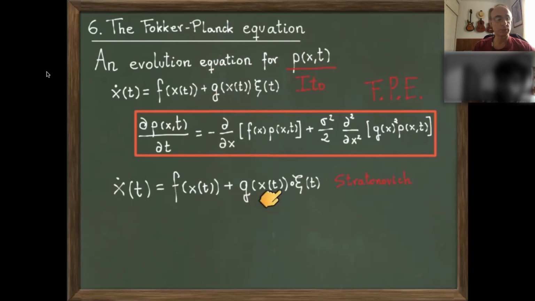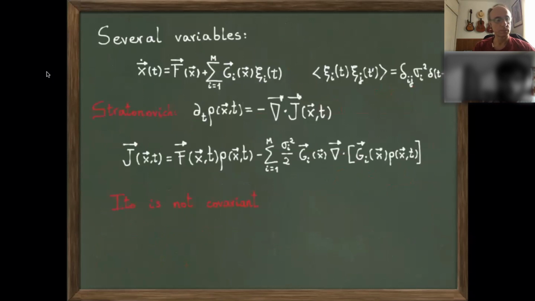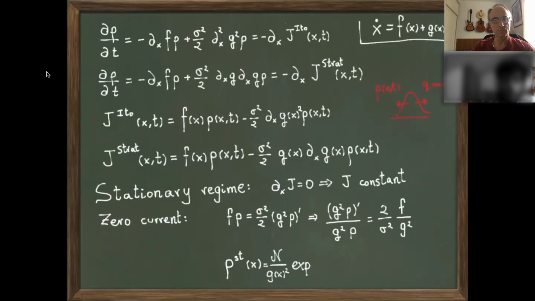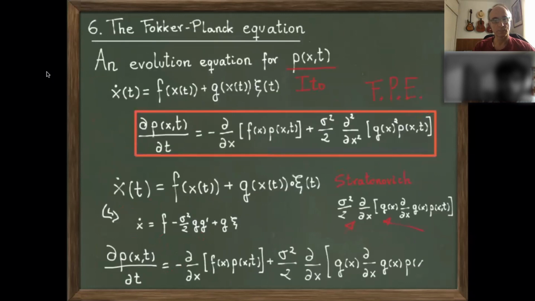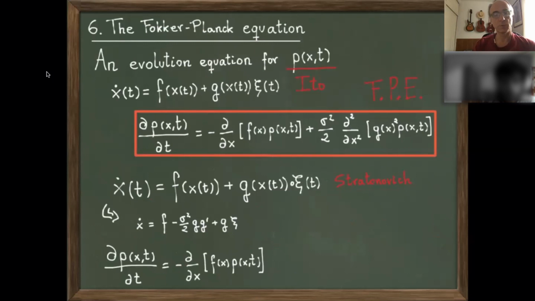But we have a much simpler option, which is, okay, we know the equivalent of this equation in Ito. So we can go to our last result that tells us that this equation is equivalent to this one. Now we have this term, but interpreted as Ito. So this is the interpretation of Ito, and now we know the Fokker-Planck equation for the Ito case. So we can just apply this.